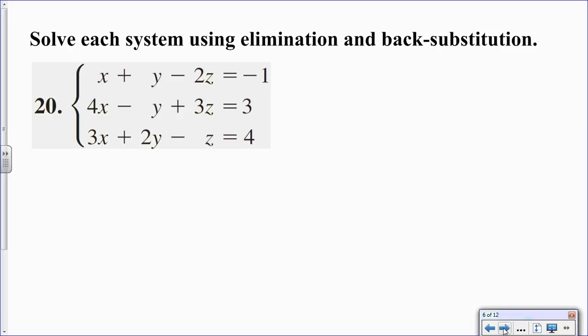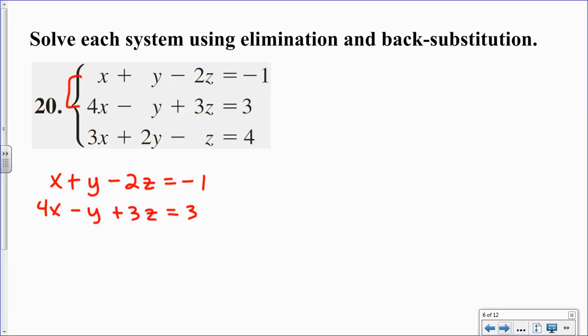So I am going to just look at these. And can I eliminate y just by adding or subtracting? Yeah. So let's go ahead and do that. So I just eliminate one variable at a time. So 5x plus 1z equals 2.